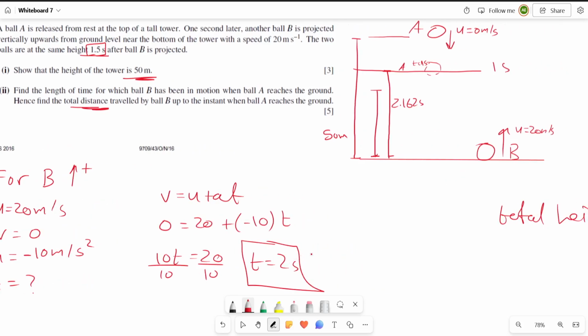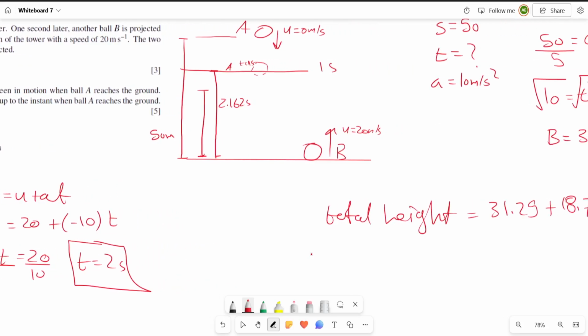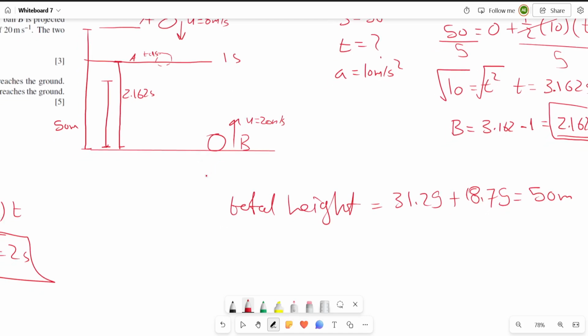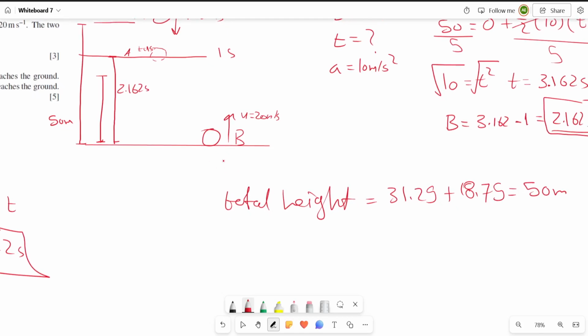And this time was 2 seconds. So B was in motion for 2.162 seconds, and in the first 2 seconds of this period, B was moving up, and then for the rest, which is 0.162 seconds, B was moving down. So I need to take that into account. And let's see how we can do that.